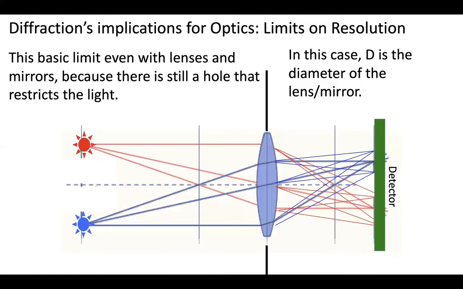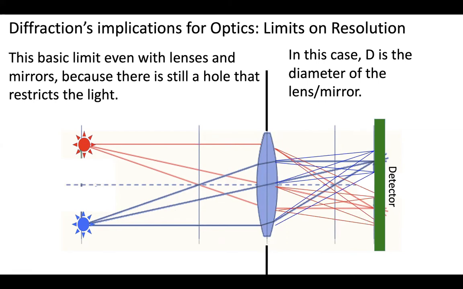Now, you might think, well, I don't use a hole, I use a lens or a mirror. It still happens because only light from within that lens or bouncing off that mirror can get to the detector. There is still effectively an aperture. Only light within this region can reach the detector and be focused properly.